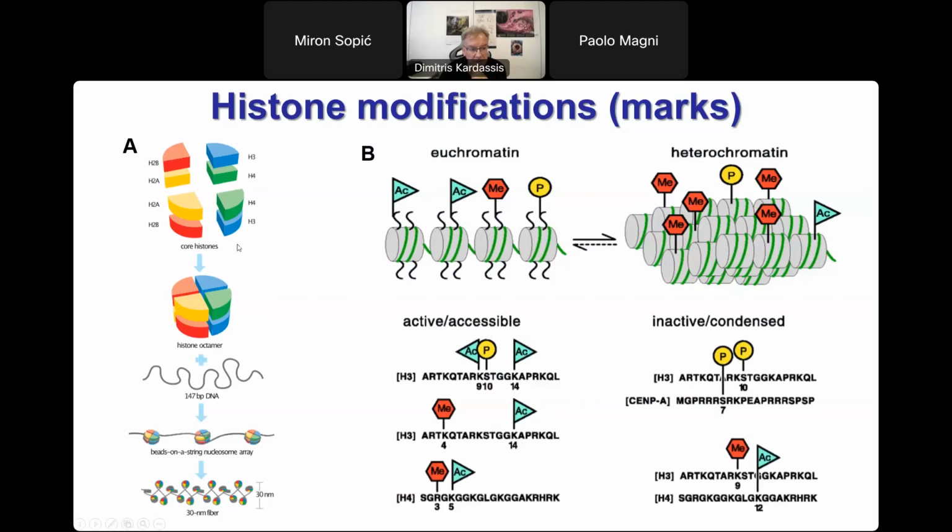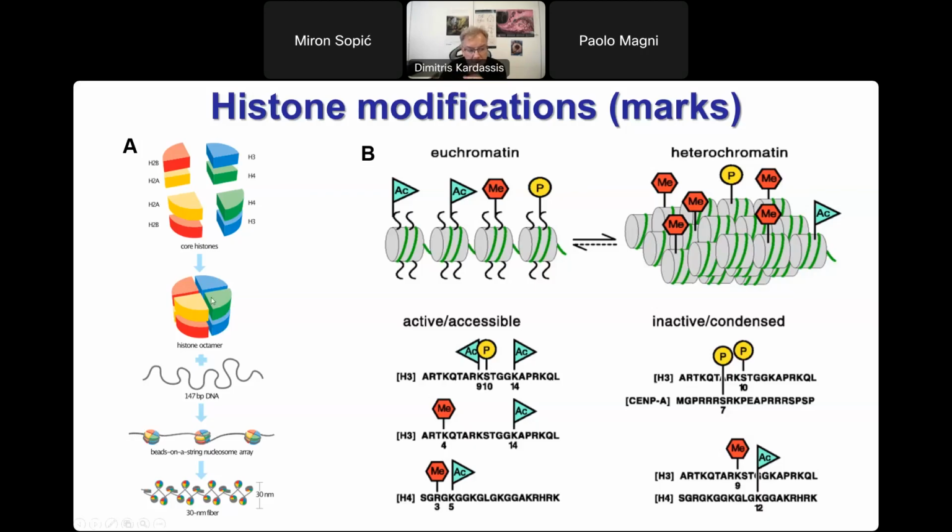And these histones make octamers, and these octamers are wrapped by DNA regions and make these nucleosomes. So each nucleosome consists of a histone octamer in the center and a DNA region of approximately 150 base pairs, which wraps around this histone core.